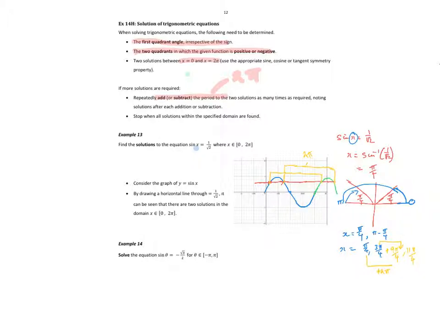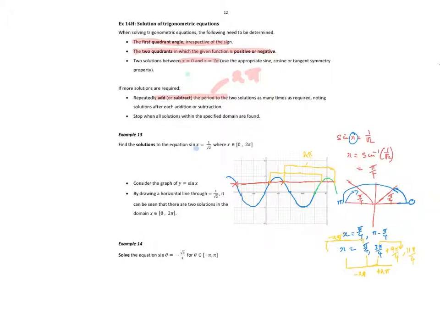If by chance I had to get some negative solutions, I've got that point there. Well, I subtract 2 pi. So let's go backwards, minus 2 pi, backwards, minus 2 pi.